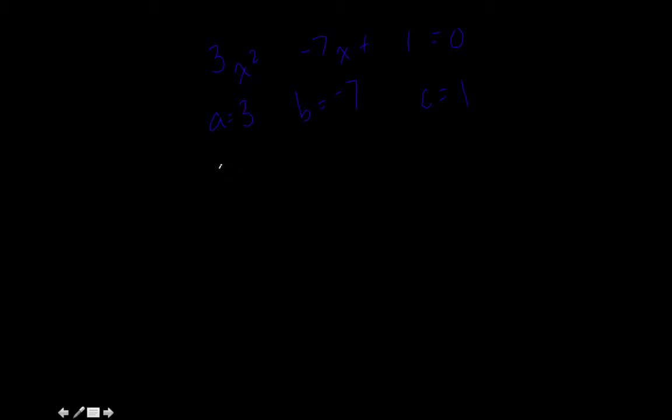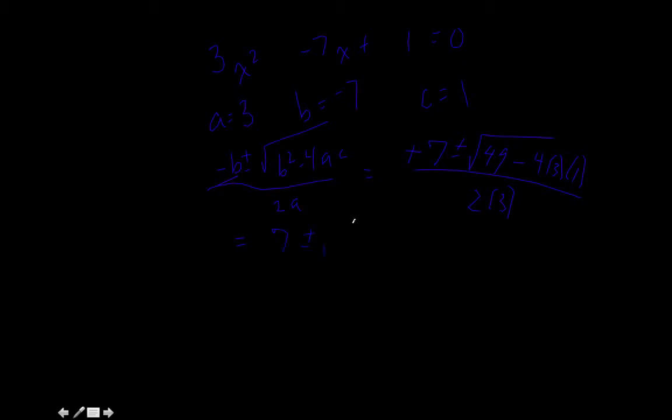Okay, so negative b plus or minus the square root of b squared minus 4ac all over 2a. Sorry about that, I've got my little pad here sideways. Okay, so 7 plus or minus the square root of -7 squared minus 4 times 3 times 1, over 2 times 3. 7 plus or minus square root 49 minus 12.